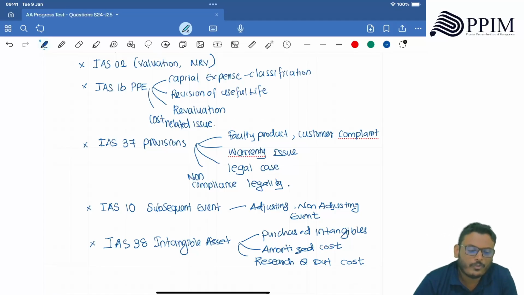So focus on these areas also in your exam.